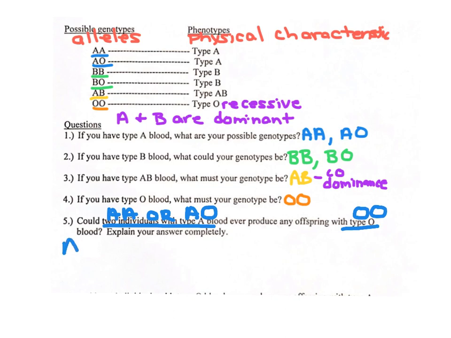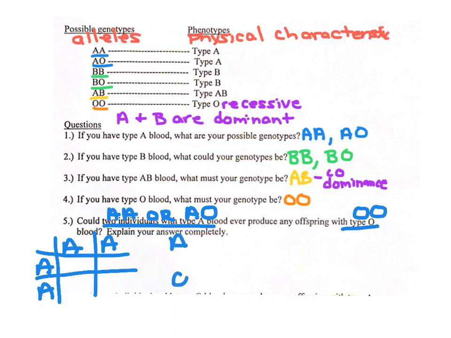So one thing that could happen is we could have one individual with AA, and the other individual could have AA. We could have an AO with an AA.